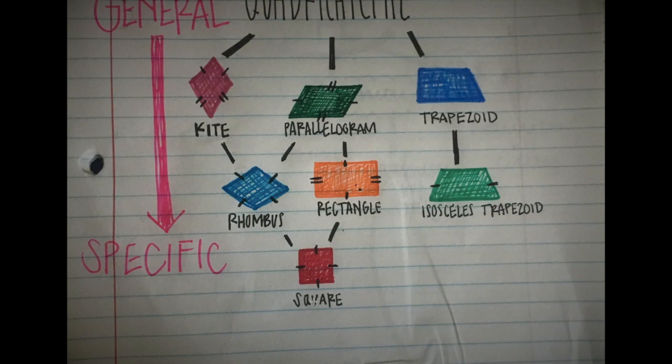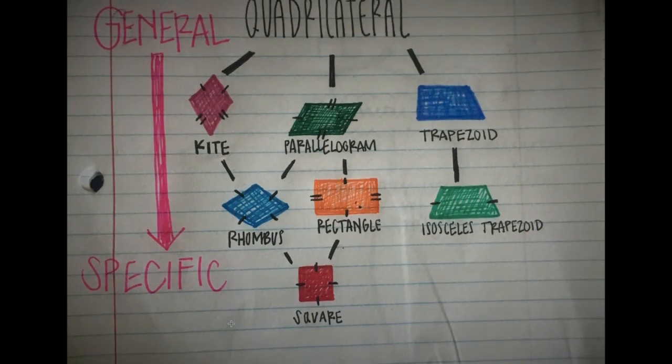Or I can say a parallelogram is a type of rhombus. Or a parallelogram is a kind of rhombus. So take a second to think which one of these is correct and which one of these is incorrect based off what we have been discussing in going from general to specific categories.